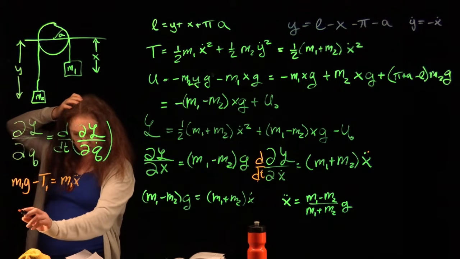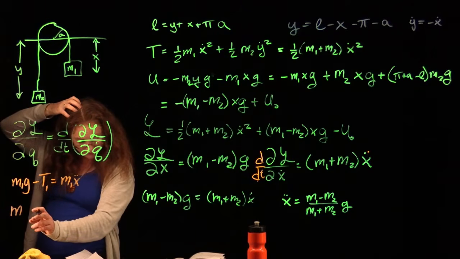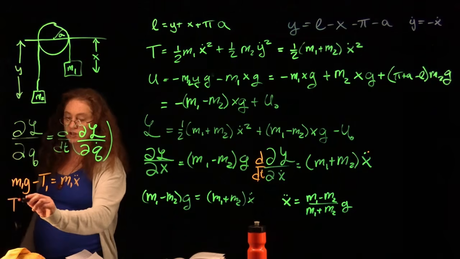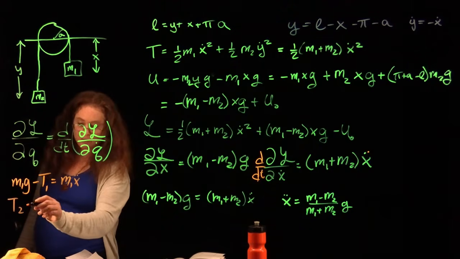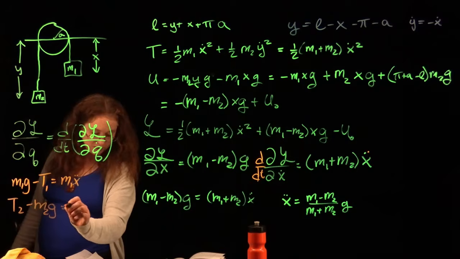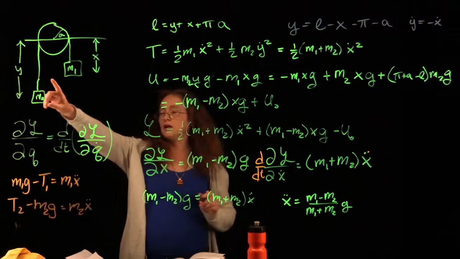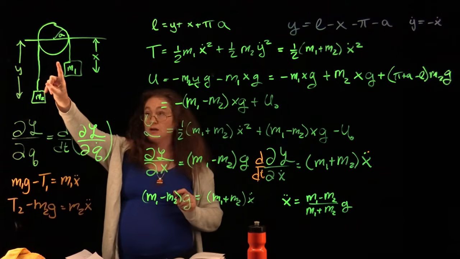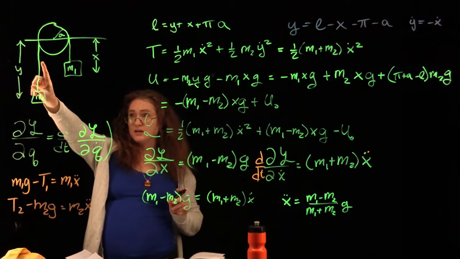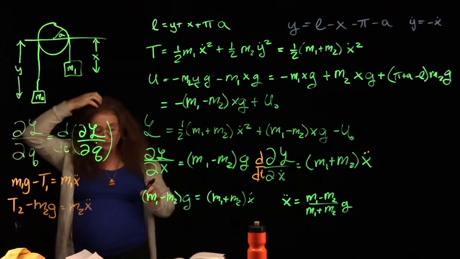So here, for the second equation, I would have tension 2 minus m2 g equals m2 x double dot. Here I have used the fact that the derivative of y has the opposite sign of the derivative of x.